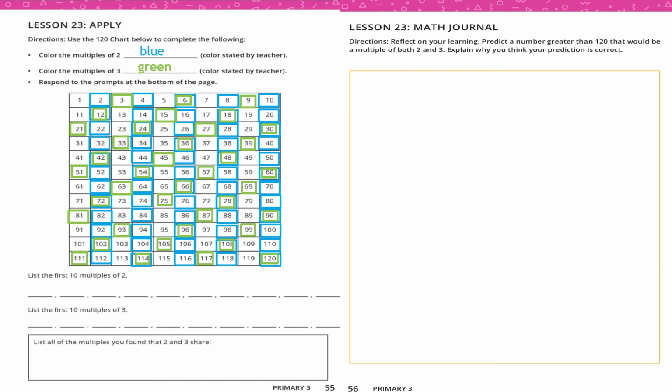So 3 is a multiple of 3. 6, yes, 6 is a multiple of 3. 3 times 2 is 6. 9 will be a multiple of 3, 3 times 3 equals 9. 12, 3 times 4 equals 12. 3 times 5, 15, and so on.